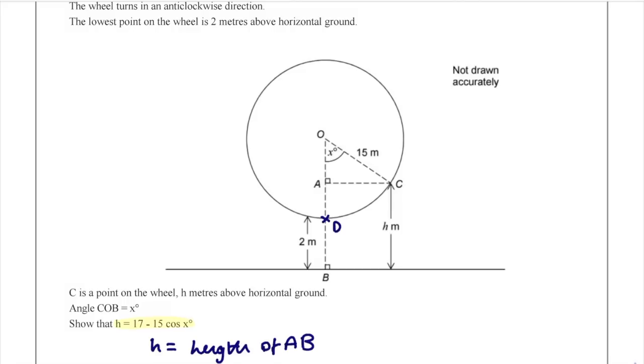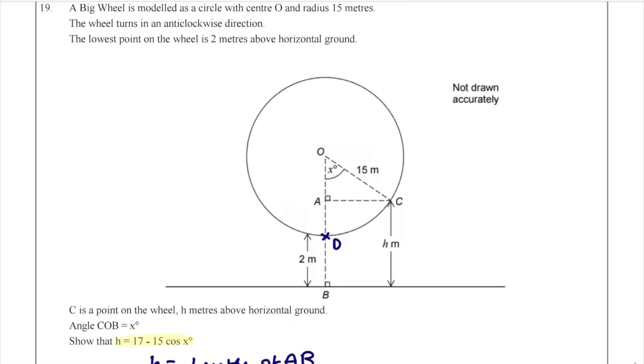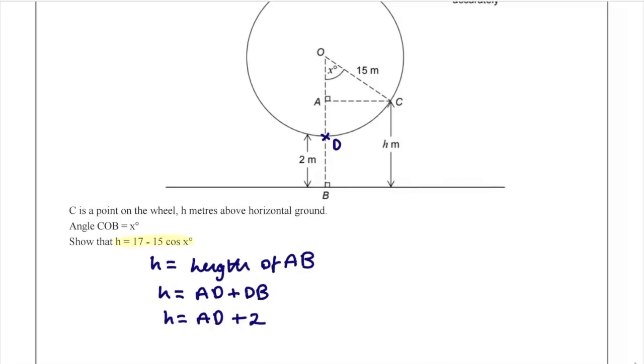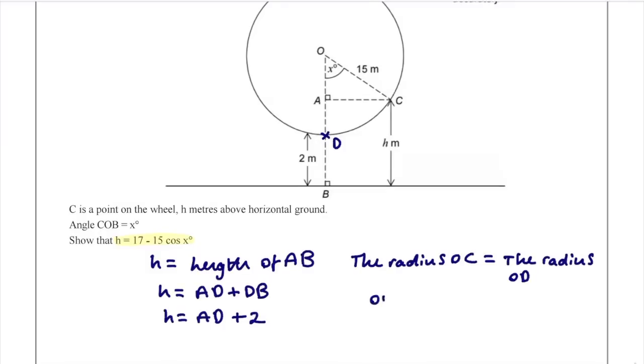Well, this wheel is obviously a circle, and O to C, we're told, is the radius of the circle, which is 15 metres. So that means that the radius OC is equal to the radius OD, because they're the same radius. So that means the length of O to D must equal 15 metres.